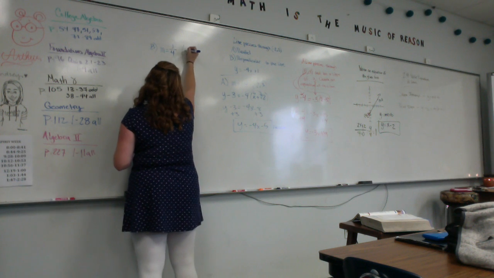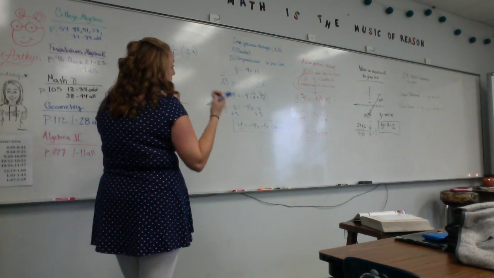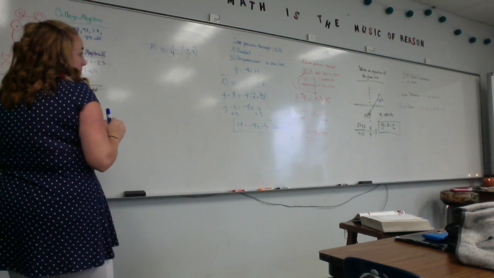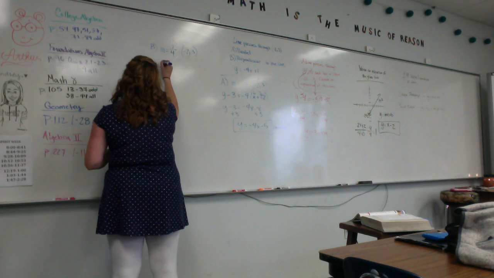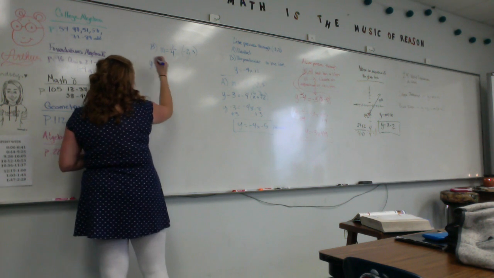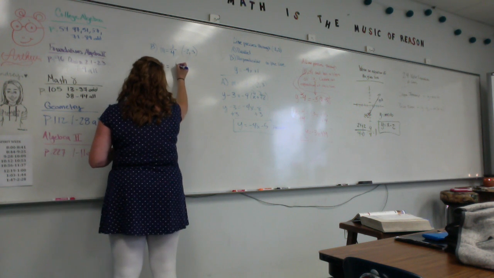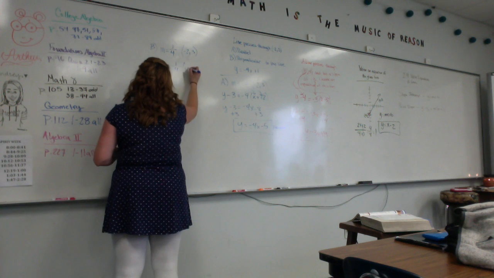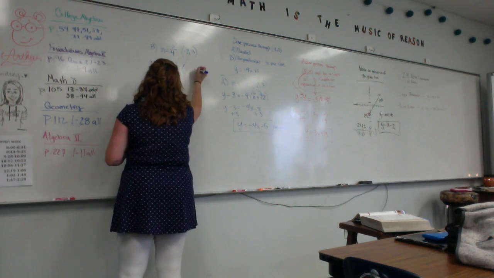My point is still negative 2, 3. Now, I set it up into what equation again? Point slope. So I have y minus 3 equals 1/4 times x minus negative 2.